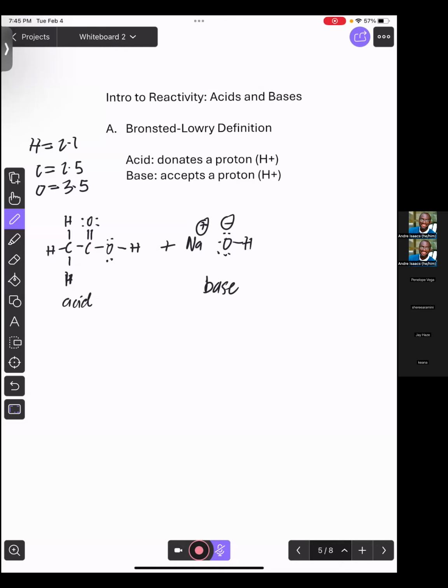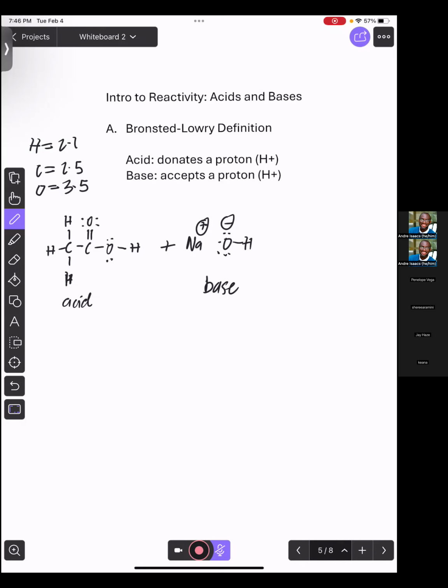So how do you know something is a base? We just talked about an acid. The acid, we're going to see a hydrogen in a very poor relationship. The base, we typically will see a negative charge on an atom, okay? Okay, so therefore, we can identify most of our bases.